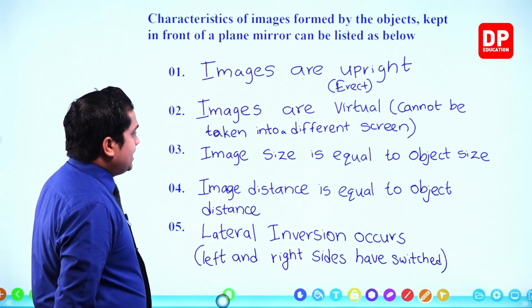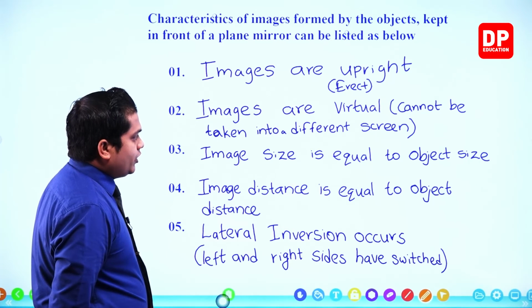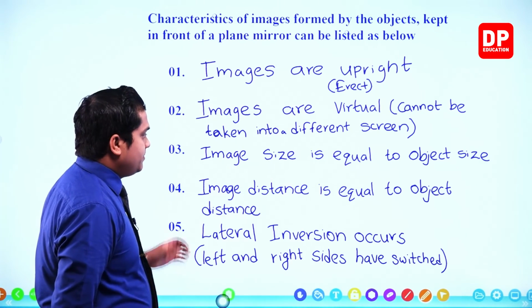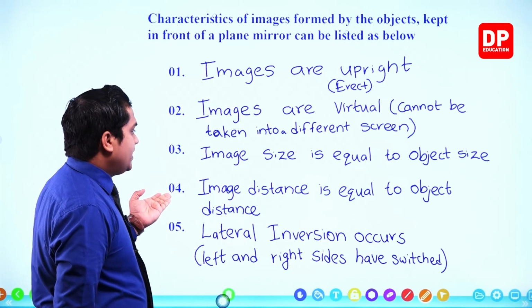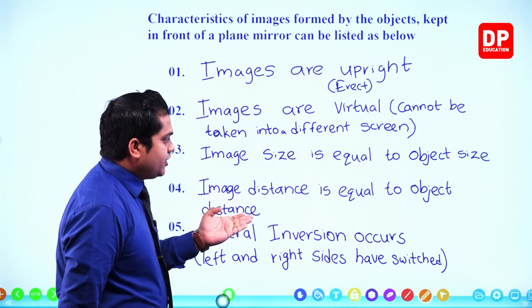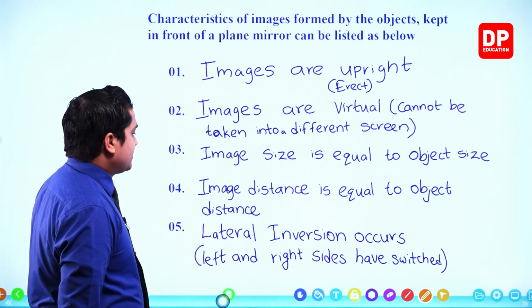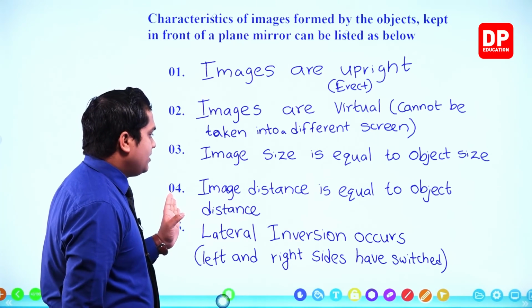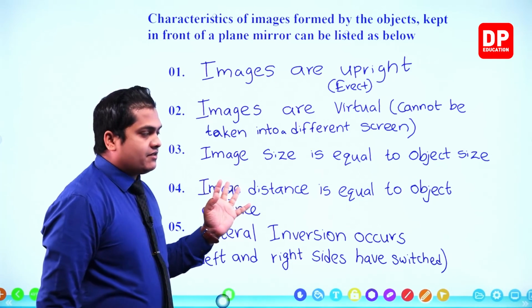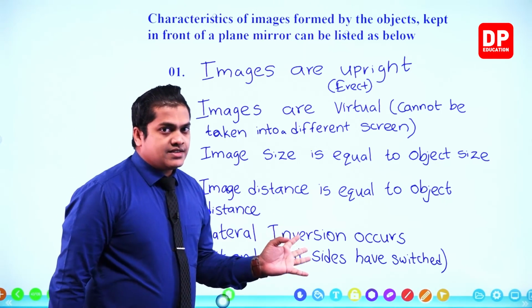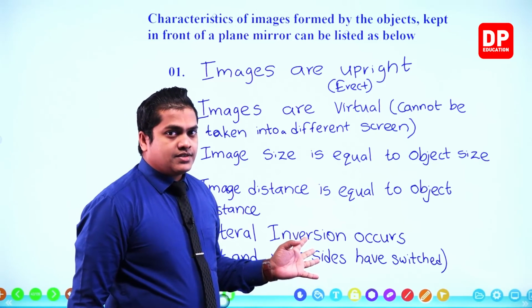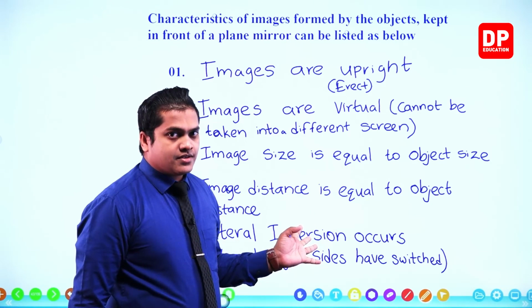Next one, image size is equal to object size. Image size and the object size are equal to each other. Next one, image distance is equal to object distance, right? So the distance between image and the mirror is equal to the distance between object and the mirror. Distance between image and the mirror is the image distance.